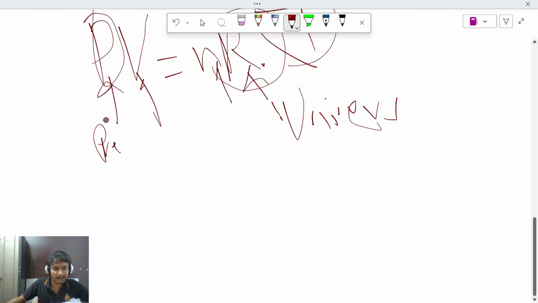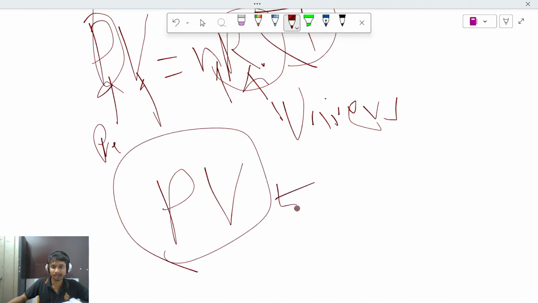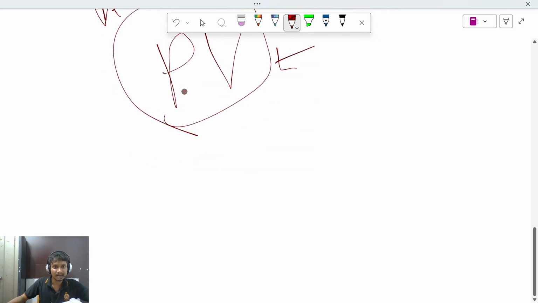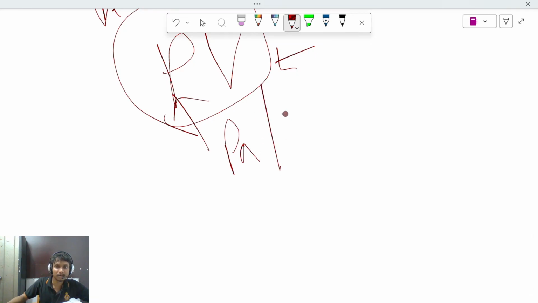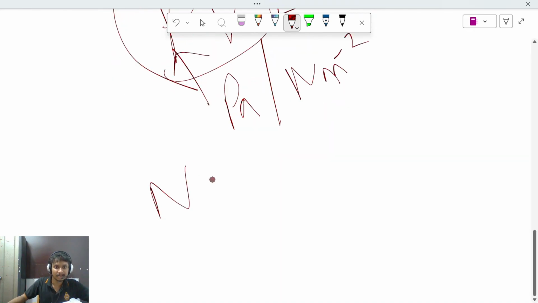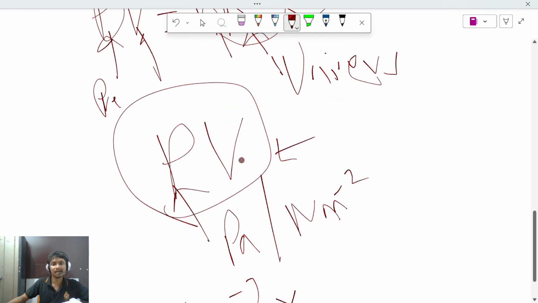Now PV is energy. We already know this. How can we find that? What's the unit of pressure? Pascal or Newton meter minus 2. Therefore, the unit of P is Newton meter minus 2, multiplied by the unit of V, volume, meter cubed.